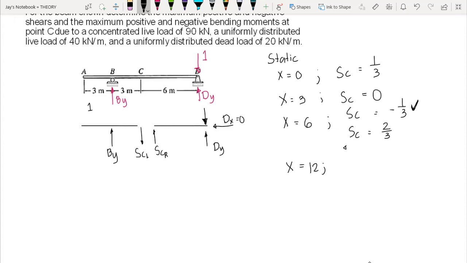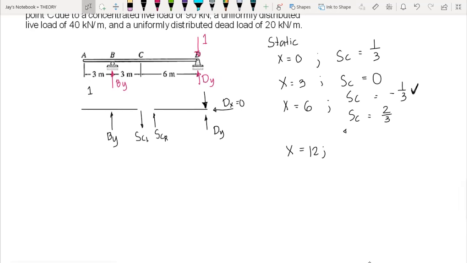So basically, to compute the ordinates at point D for our reaction at C, we will be considering the left side free body diagram, since our 1 unit load is on the right side of point C. So again, we will be considering the left side free body diagram.